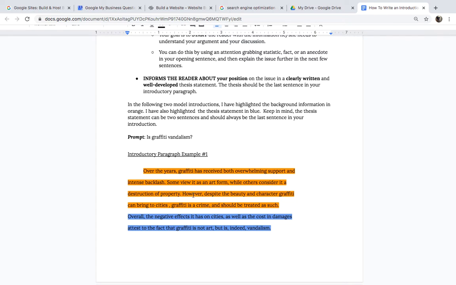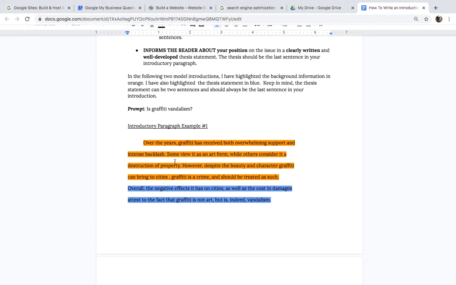Okay, so this paragraph says that over the years, graffiti has received both overwhelming support and intense backlash. So the author provides background information about what graffiti is. Some view it as an art form, while others consider it a destruction of property. However, despite the beauty and character graffiti can bring to cities, graffiti is a crime and should be treated as such.